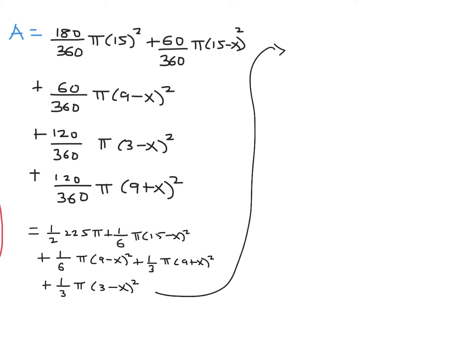Okay, let's keep going. Now we got to expand all this. So we got 225 pi over 2. And I'm going to factor out a pi over 6. That's going to make things easier.